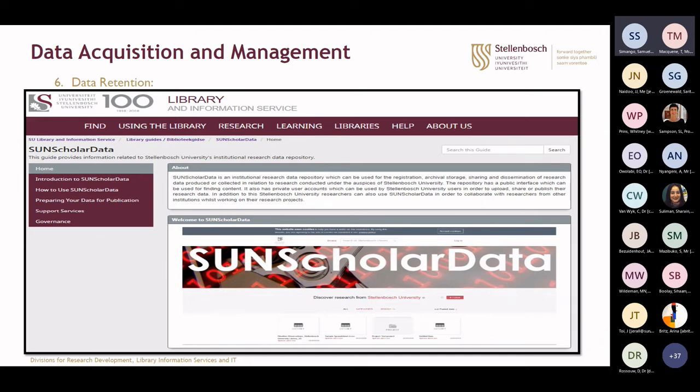If the research data are not stored on the repository, they still need to be stored in a secure manner. And at this point, I should highlight that the research data that are published on SunScholar Data should not be sensitive in nature due to any restrictions based on research contracts, intellectual property, or ethics or data privacy related concerns.